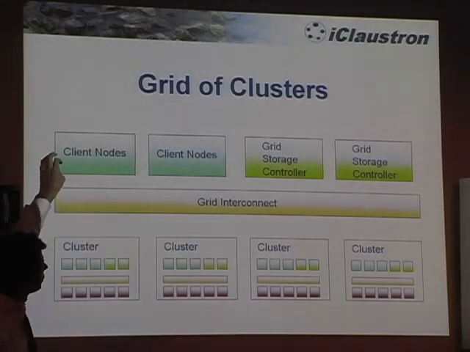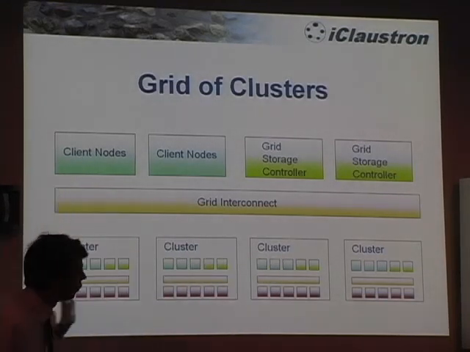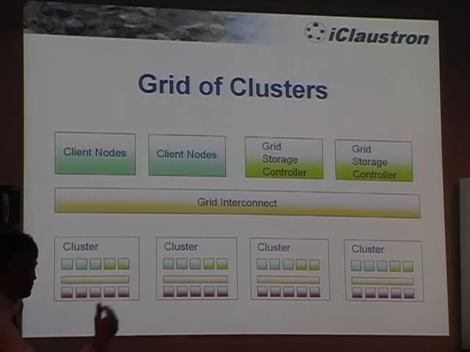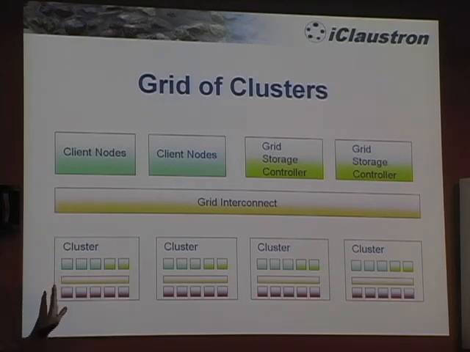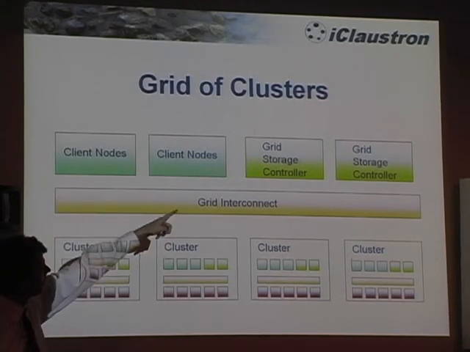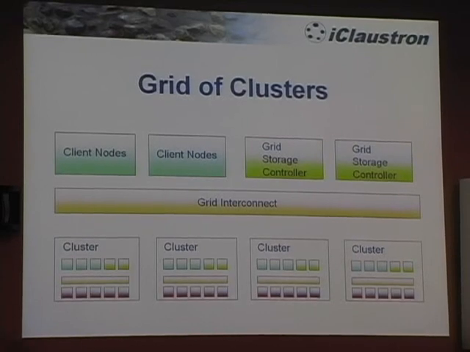So the client nodes on this level can talk to all the grid clusters in this grid, which means that it has access to much more data, whereas the client nodes here only have access to that particular cluster's data. And you obviously need an interconnect here as well, and then the grid storage controller is there if we want yet one more level of sophistication.